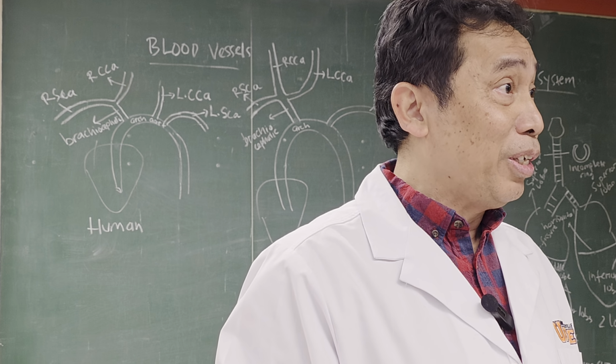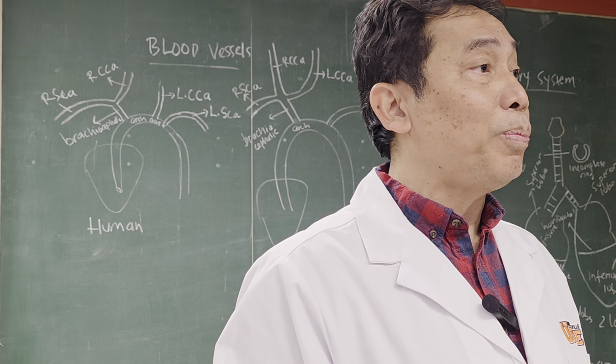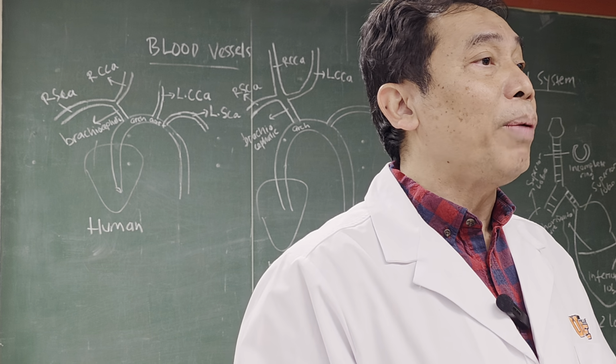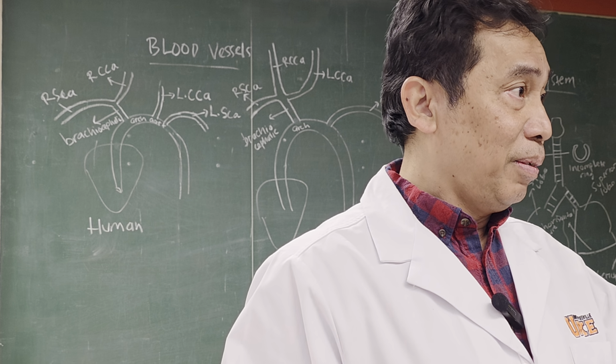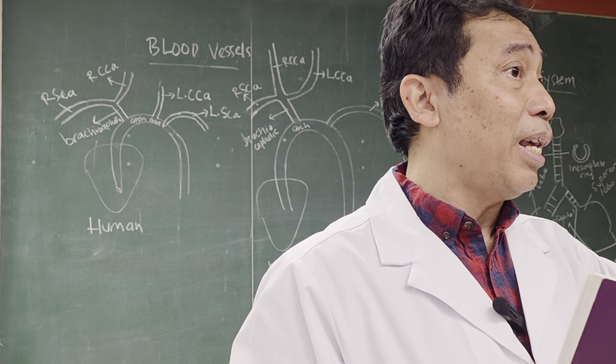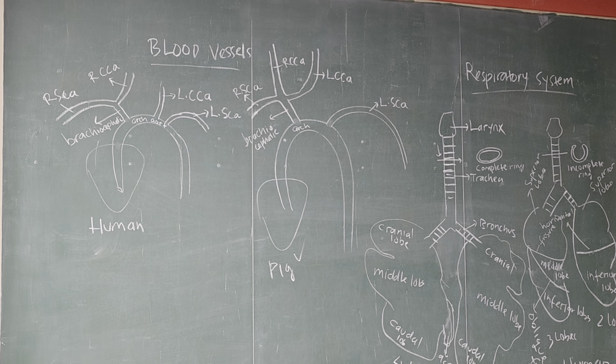Only page 94, for the respiratory system. But again, you have 2 lab reports due next week. The blood vessel lab number 4, and this lab, the respiratory system. Okay, if you don't have questions, then take the page.